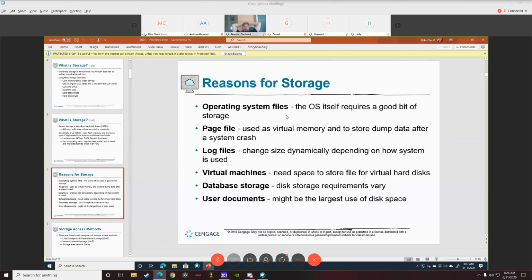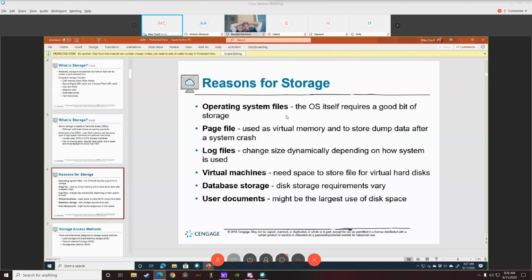The reason for that, basically, is if your machine has what we call a memory dump, it uses virtual memory to store dump data after a system crash. So that's what you use it for.